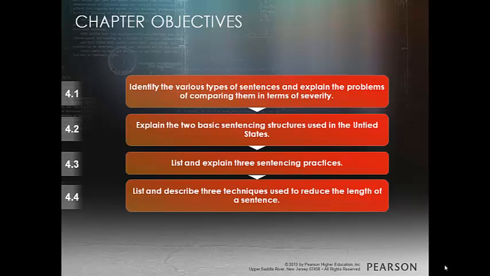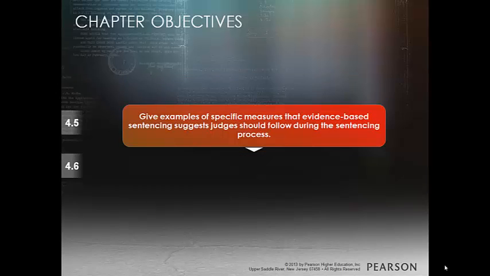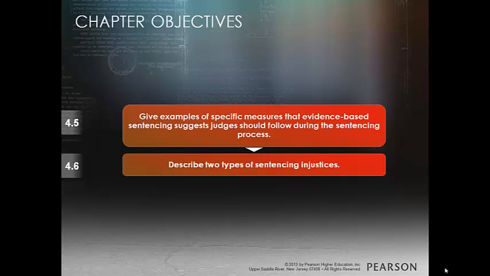List and describe 3 techniques used to reduce the length of a sentence. 5. Give examples of specific measures that evidence-based sentencing suggests judges should follow during the sentencing process. And then finally, 6. Describe 2 types of sentencing injustices.